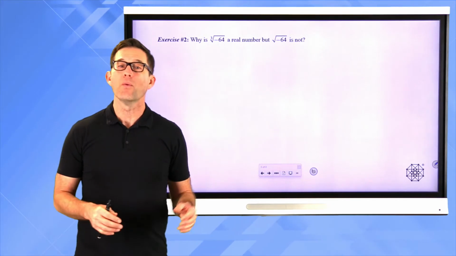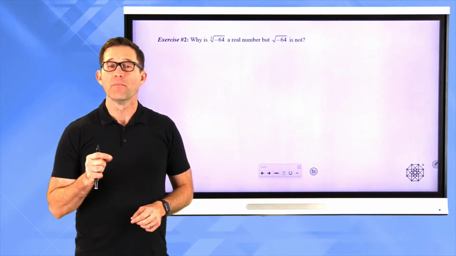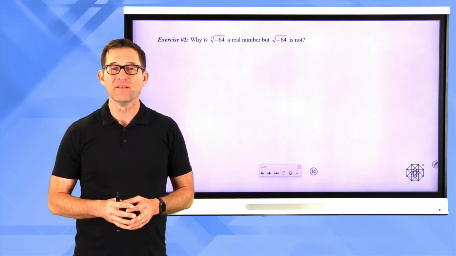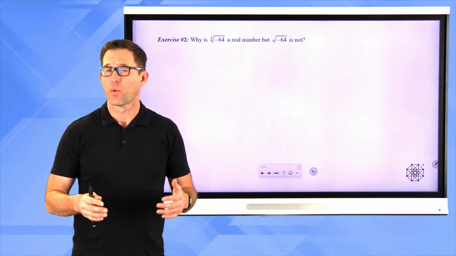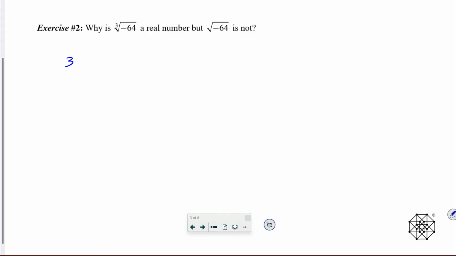Okay, well, with cubed roots, we're always looking for a number that when multiplied by itself 3 times, i.e. cubed, gives us a negative 64, or some negative number underneath there. So the cubed root of negative 64 is equal to negative 4, because negative 4 times negative 4 times negative 4, and again, make sure you really get that right.